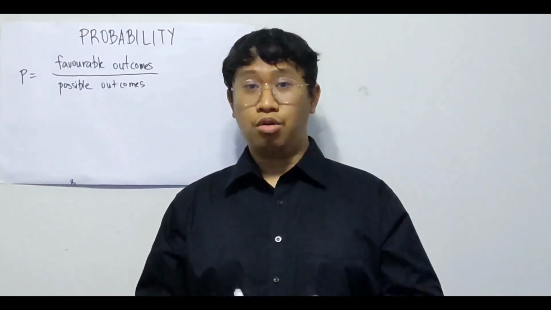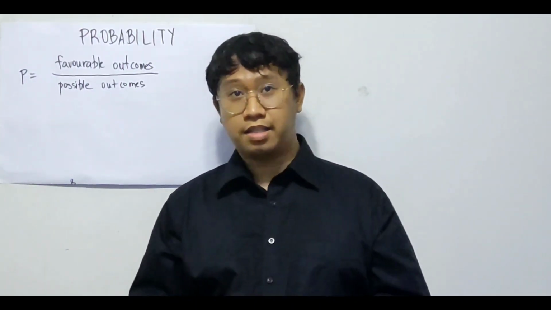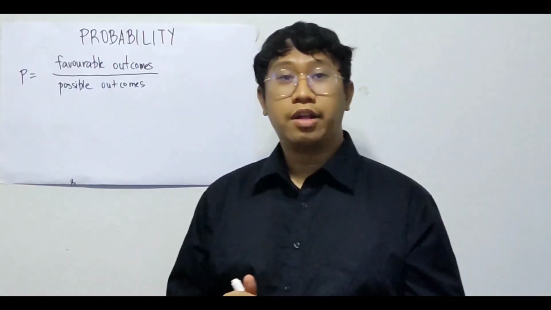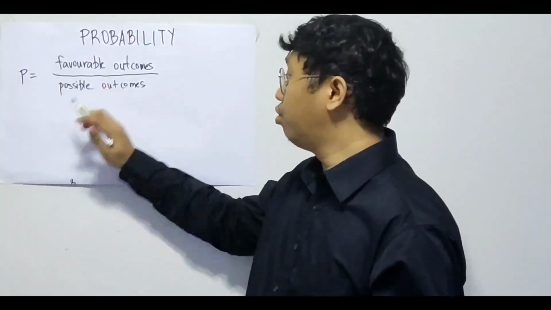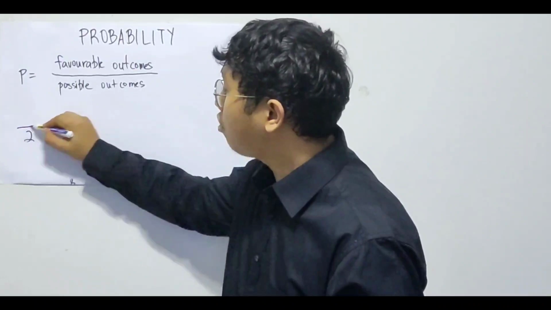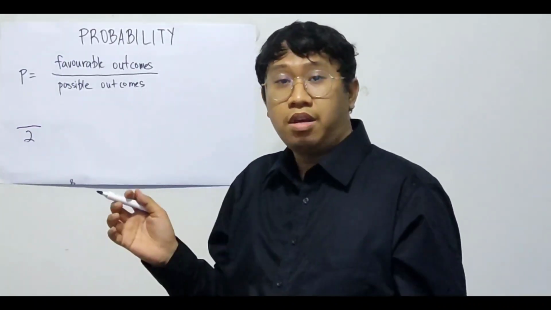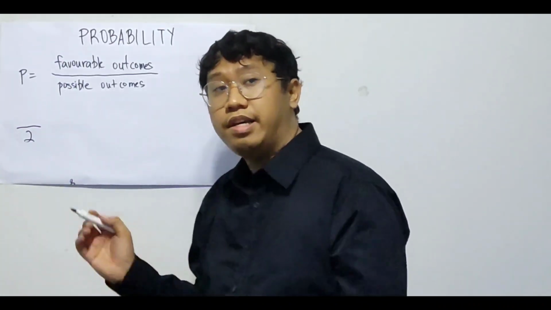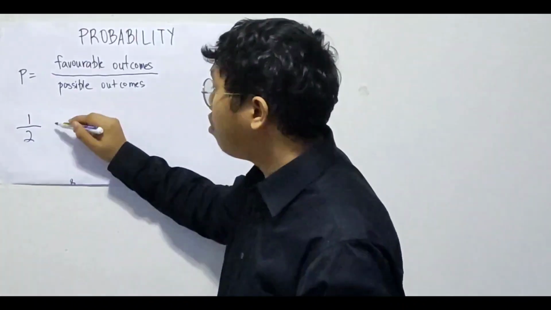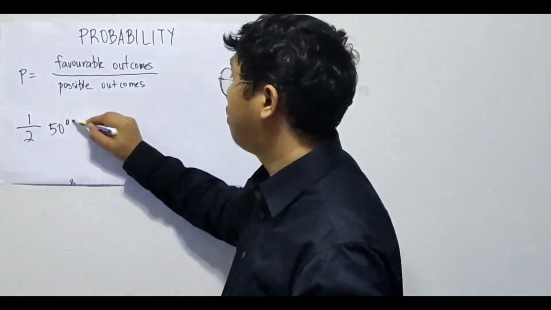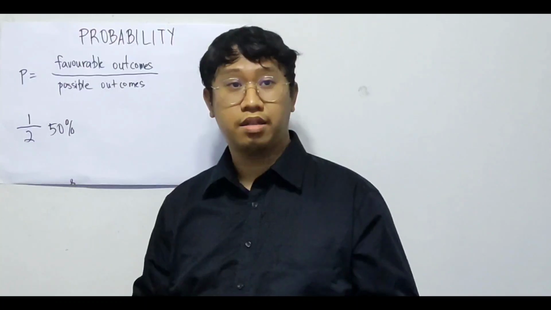So a coin has only two sides, heads and tails. Therefore, there are only two possible outcomes. So the probability of getting tails or heads is 1/2 or 50%.